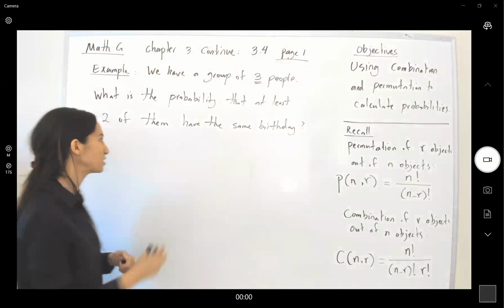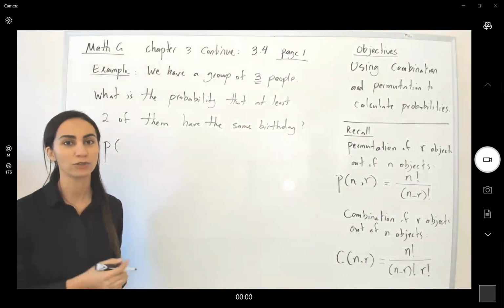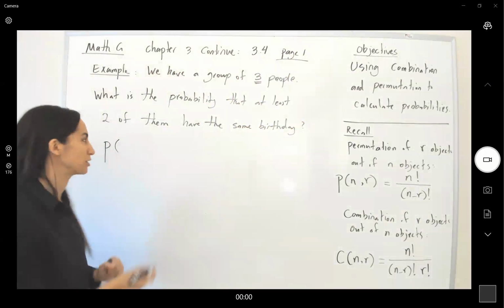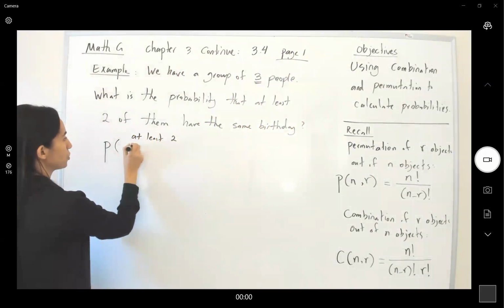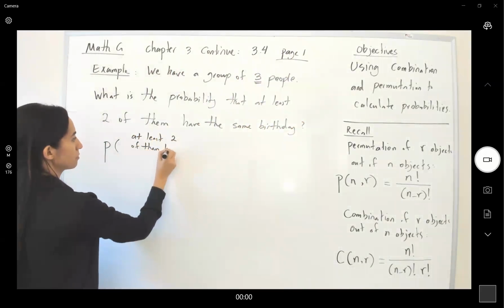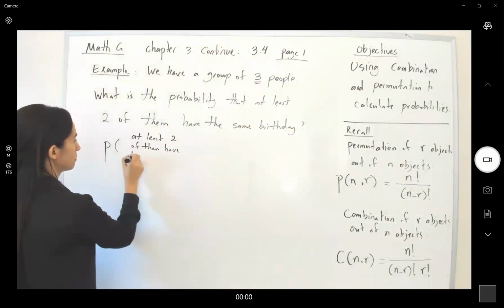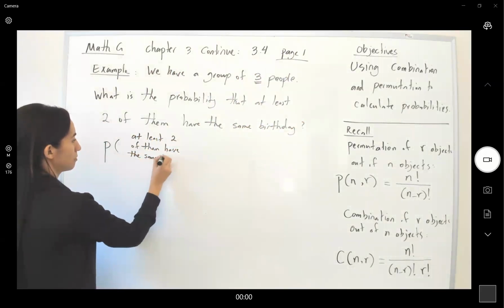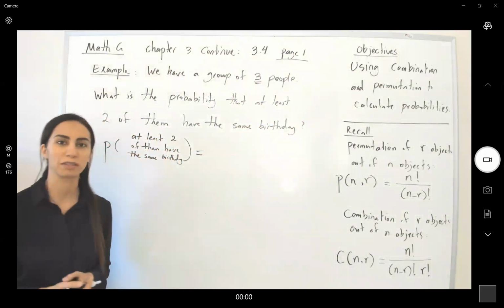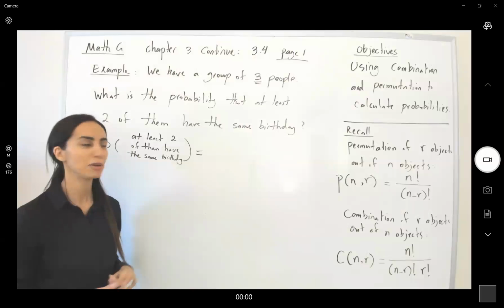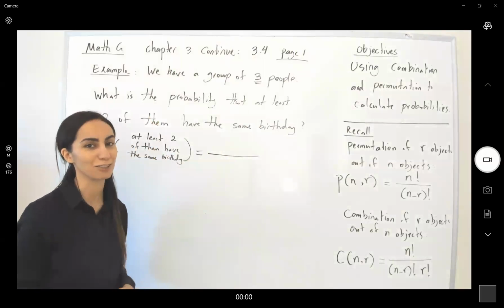You have an event: at least 2 of those people have the same birthday. What is this probability? Remember that to find the probability, we need to form a fraction. We have something on the numerator, we have something on the denominator.